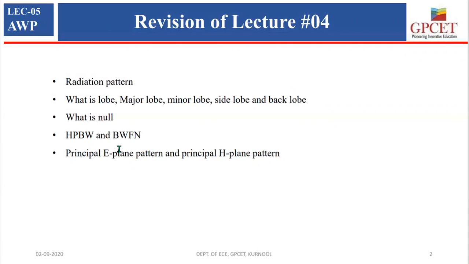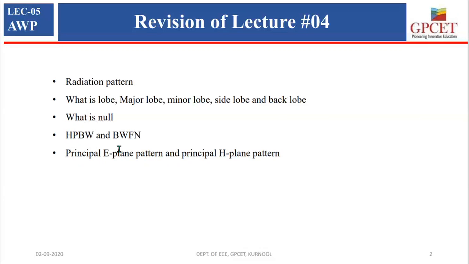If the given pattern is the power pattern, we equate that radiation pattern with 1 by 2 times its maximum value. If the given pattern is the field pattern, we equate that radiation pattern with 1 by root 2 times its maximum value.